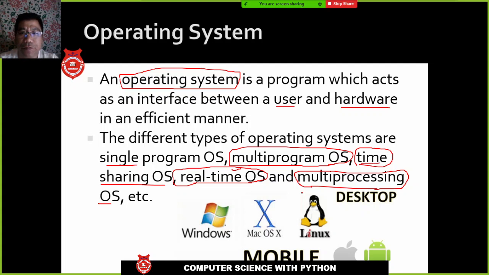So in order to utilize the different CPU, we need operating system that support multiprocessing. All right, these are the different operating systems. So this is Windows logo, this is Mac OS logos, and this is Linux logos. These are the desktop operating system, and in mobile phone operating system, this is Apple and this is Android. Windows is also available in mobile operating system, but I have not shown you here.